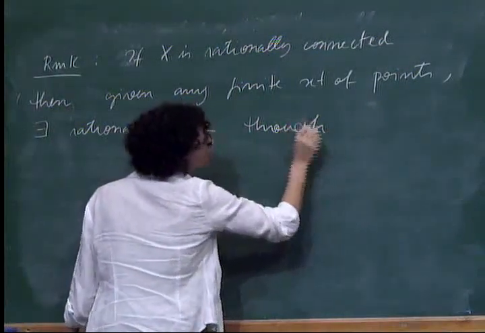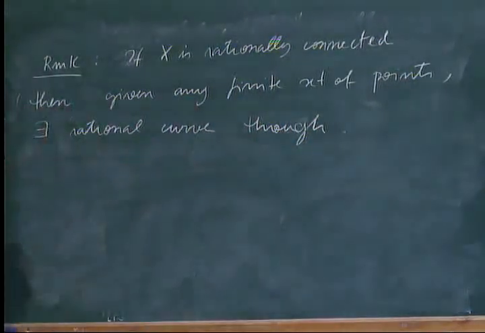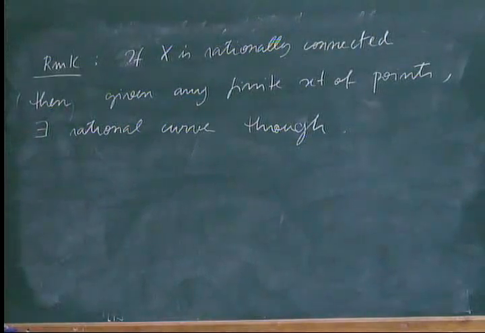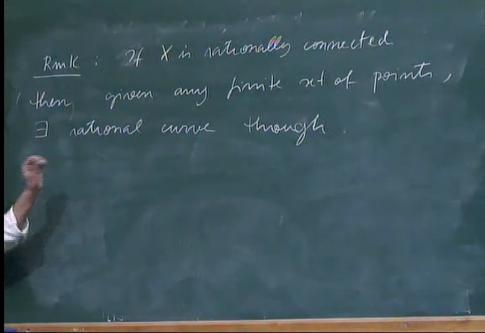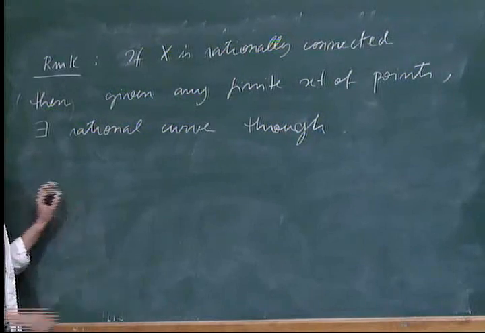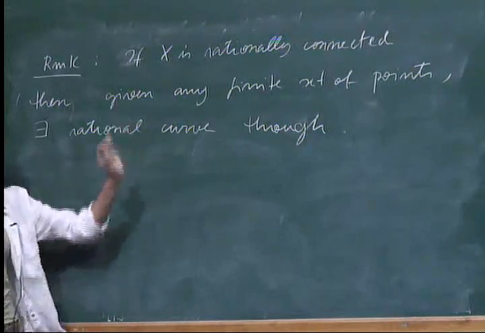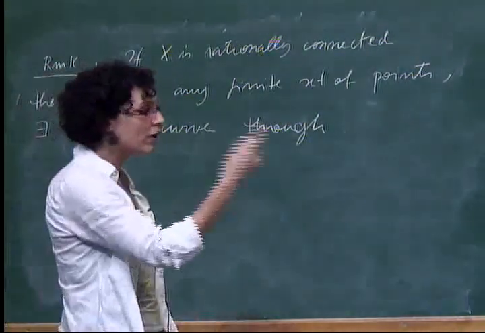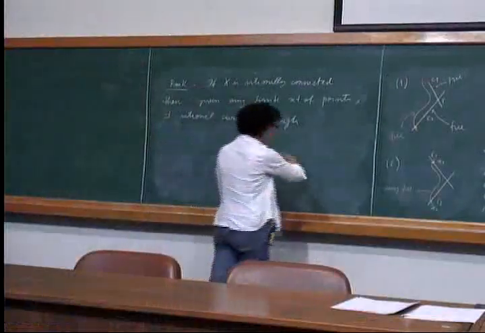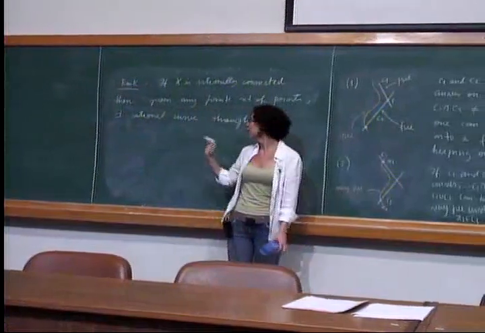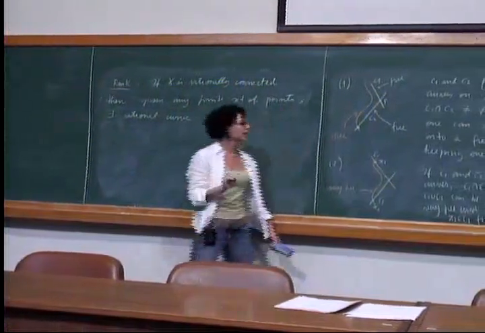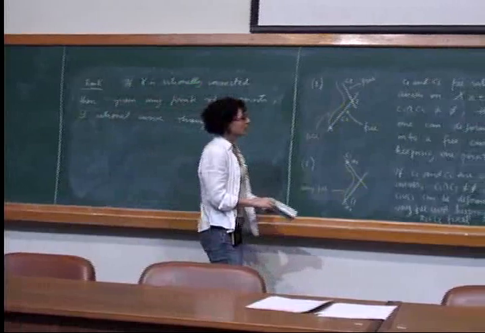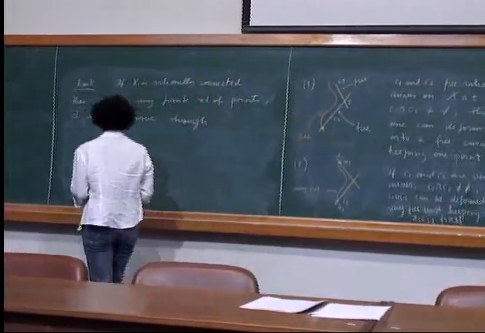The proof is not much harder than what we are going to do now, but I'll just leave it as a remark. In fact, you can even prescribe finitely many terms of the Taylor expansion of the curve at each of these points. So once you have one very free curve, you have rational curves with pretty much any finitely prescribed data. Okay, so now let me sketch the proof.